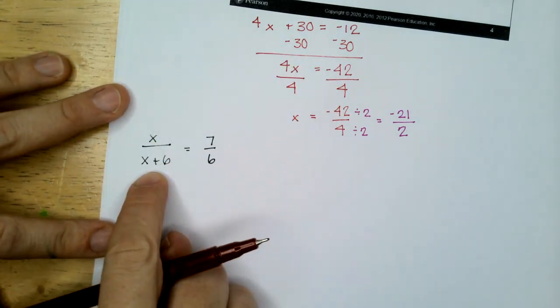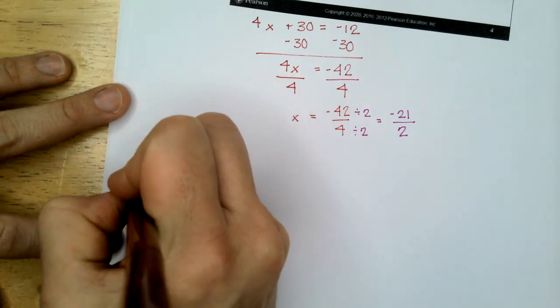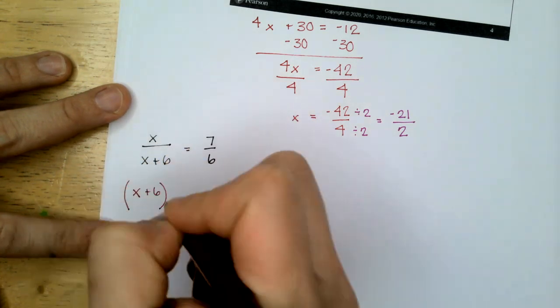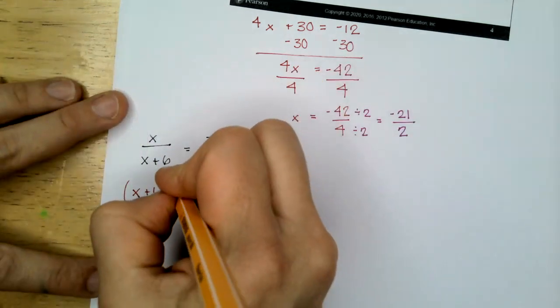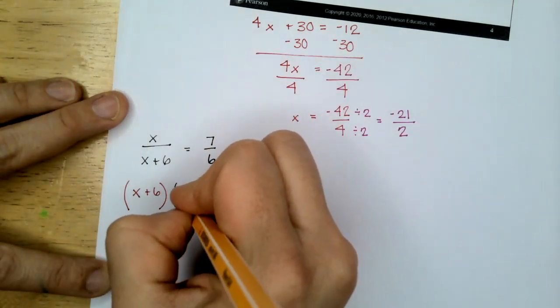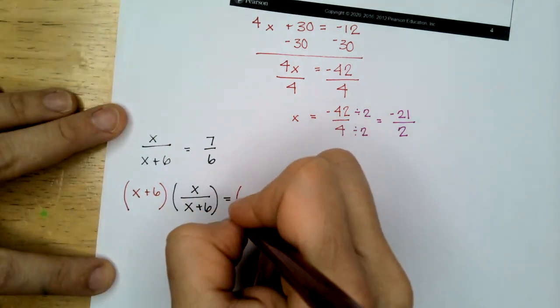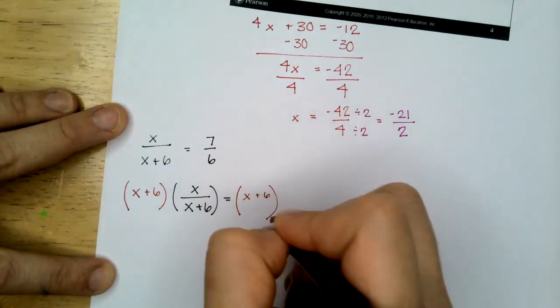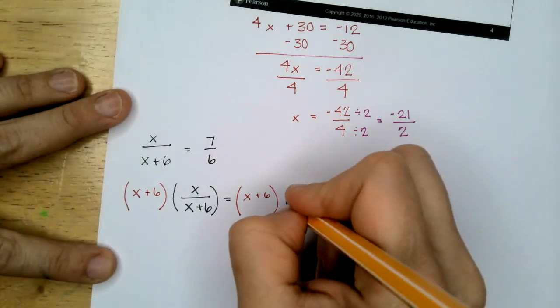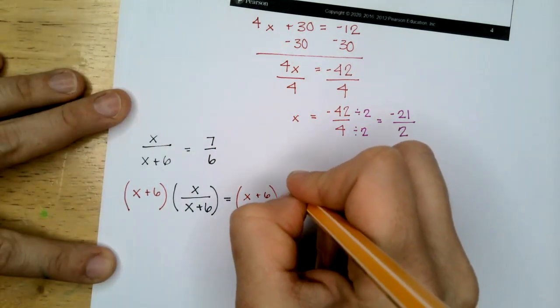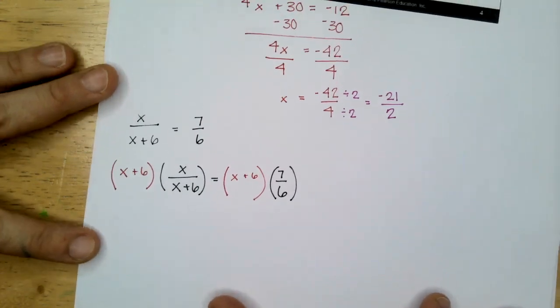To get rid of x plus 6 in the denominator, I'm going to need to multiply everything by x plus 6. So I'm going to take x plus 6 and multiply it by x over x plus 6. And then on this side too, you have to do everything the same to every term in the equation.